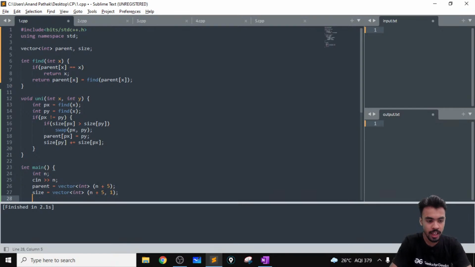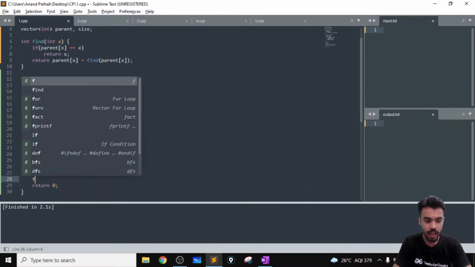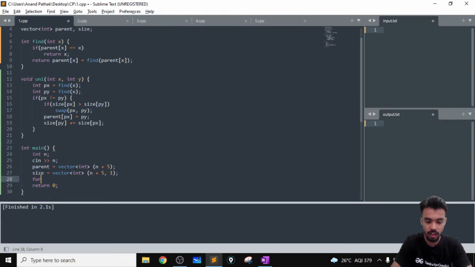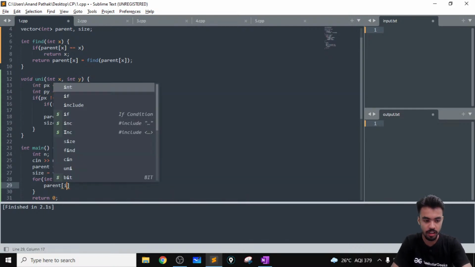Okay, and then we have to make every node a parent of its own, so that we can do. So yes, then we have to make it as parent of i is equal to i.